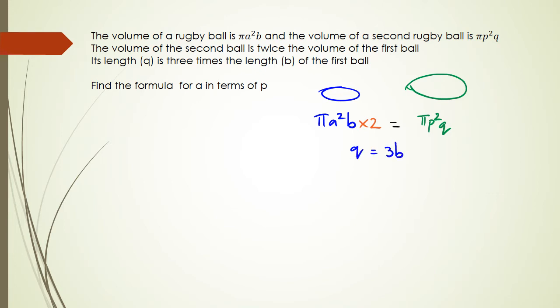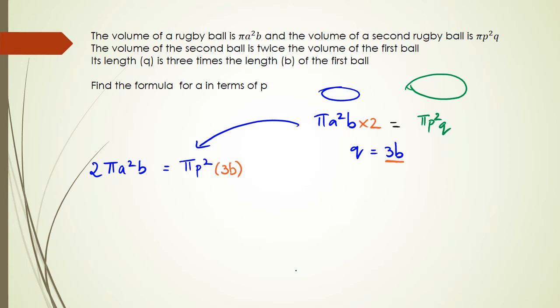Now it says find the formula for a in terms of p. So we're basically going to work from this equation here. So we got pi a squared b multiplied by 2, so we're going to put the 2 in front, is equal to pi p squared q. But what we do know is that q is equal to 3b. So I'm going to replace this with 3b.